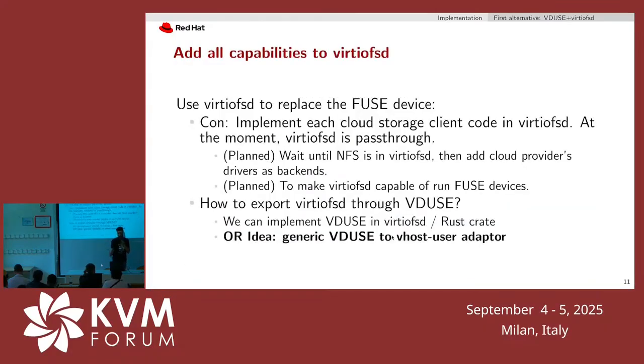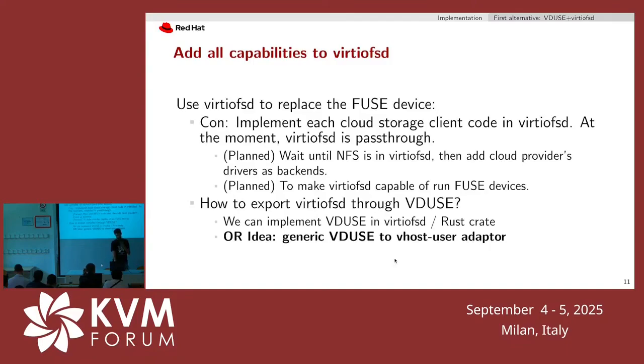So here's kind of a summary. One option we have is to modify virtiofsd to integrate all of those capabilities, which are to be able to act as a FUSE device that gets the files remotely and is able to expose them to the kernel through virtio.